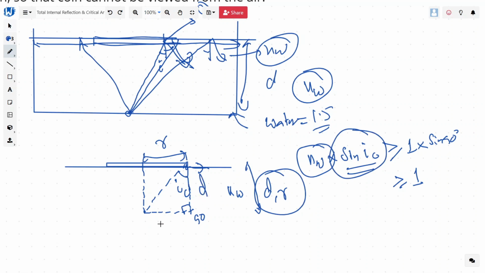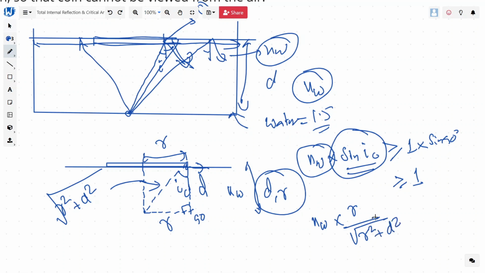So this is D, this is R. So this is going to be the root of R square plus D square, and sine IC is going to be R divided by the root of R square plus D square, greater than or equal to 1/NW.